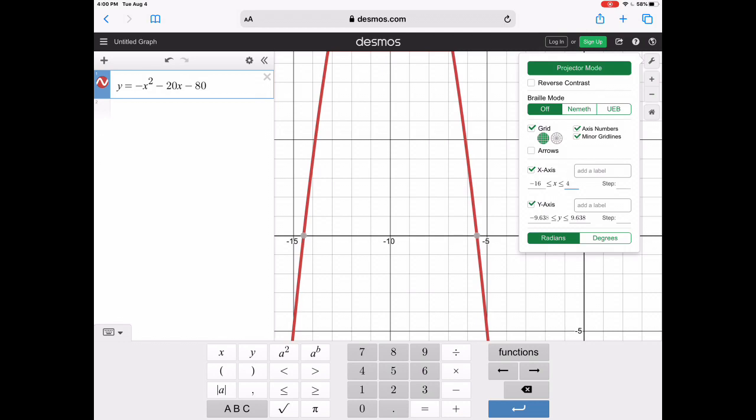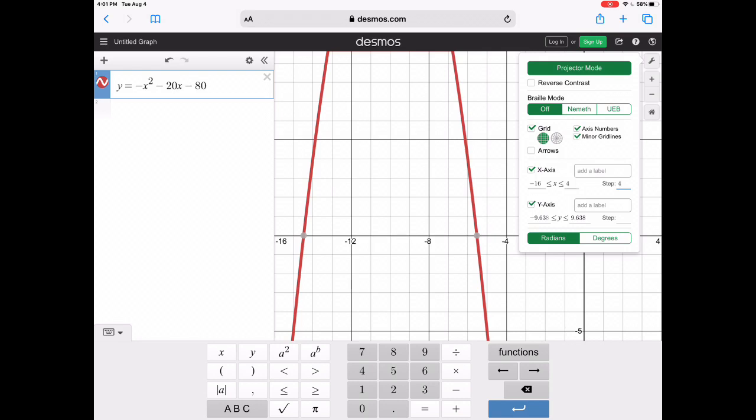Currently, the numbers visible on the x-axis are negative 5, negative 10, and negative 15. So we're counting by 5s. But I want to change that to say, let's count by 4s. Next step, I'm entering 4. And notice now the numbers along the x-axis are negative 16, negative 12, negative 8, negative 4, and so forth.